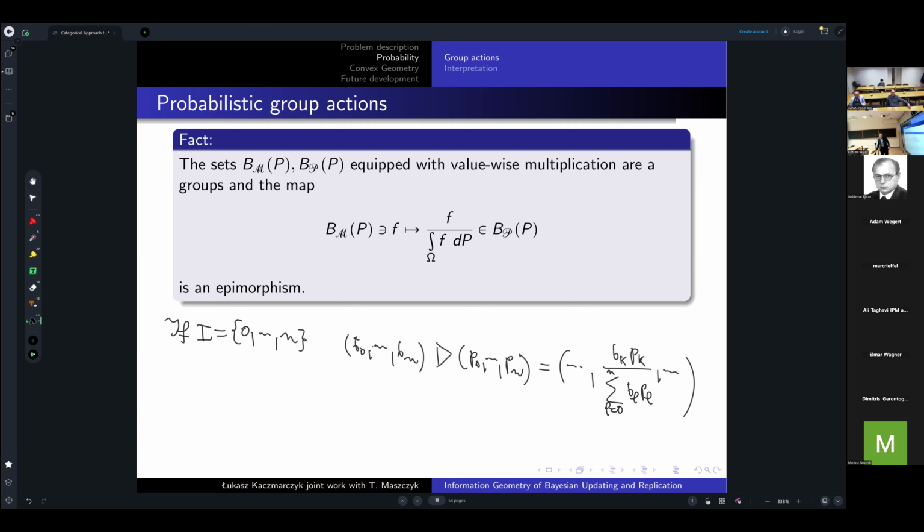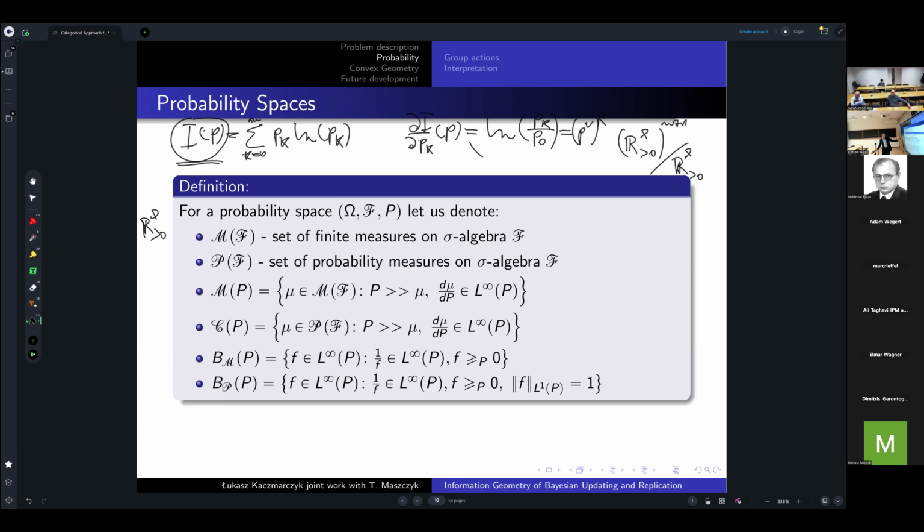Let me remind you that the space B_n is more or less the non-negative bounded functions, and the assumption that 1 over f is also bounded is more or less technical. This acts on probability measures, on finite measures, simply by becoming a density with respect to this measure.